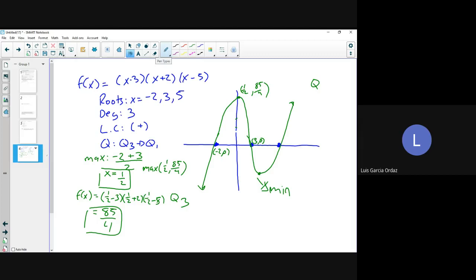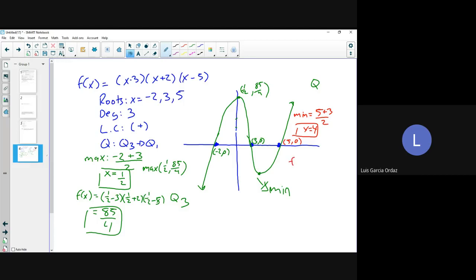For our min, we're going to use 3 and 0 and 5 and 0. So the x value is 5 plus 3 divided by 2. What is our x value going to give us? 4. Now we take that 4 and sub it into our function.